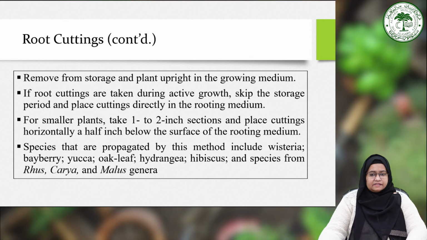For smaller plants, take 1 to 2 inch sections and place cuttings horizontally a half inch below the surface of the rooting medium. Species that are propagated by this method include wisteria, bayberry, yucca, oak leaf hydrangea, hibiscus, and species of Rhus, Carya, and Malus genera.